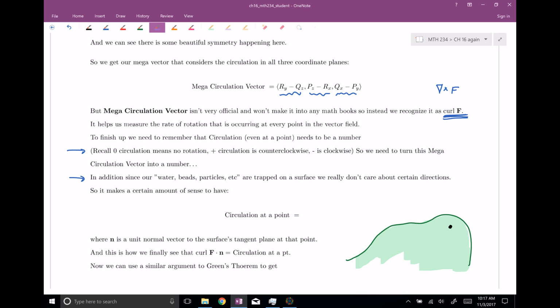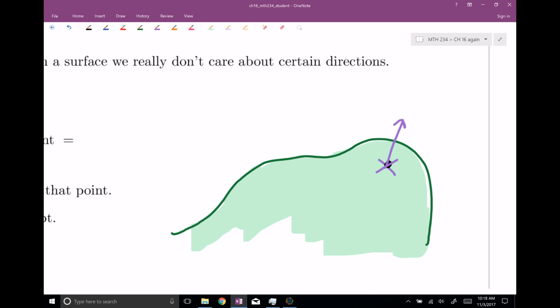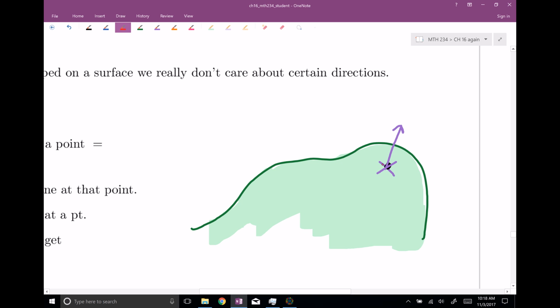So if I draw out my favorite normal vector right here, the particles aren't jumping off the surface. Again, I'm calculating the circulation on the surface. So really the question is, how are these beads, whatever's circulating, going around this normal vector? Because they're not coming off the surface. So it's really just how are they going around this normal vector?